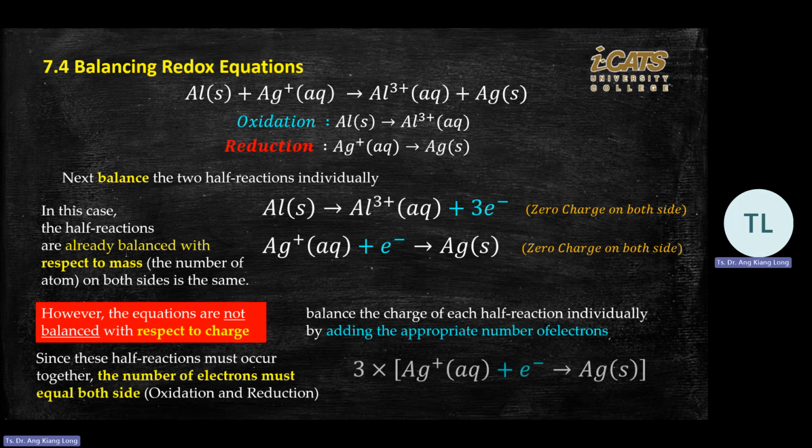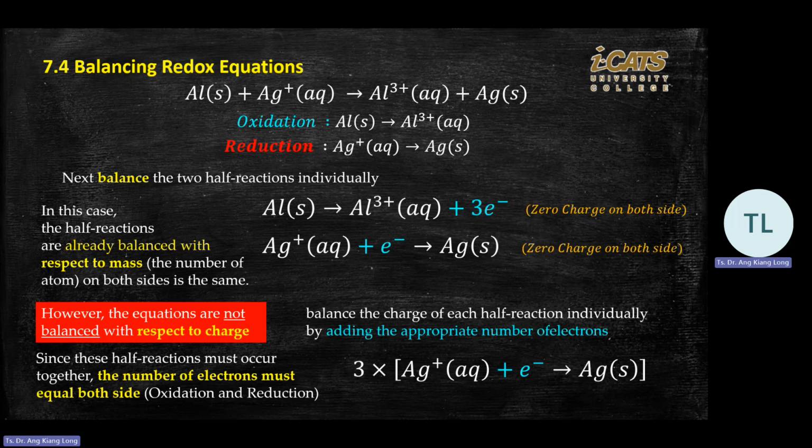The rest you read. You need to do simultaneous equation solving. You know what a simultaneous equation is? It means you have 2 equations, 1 equation and 2 equation, and you want to balance the electrons. In the first equation, you get 3 electrons. In the second equation, you only have 1 electron.